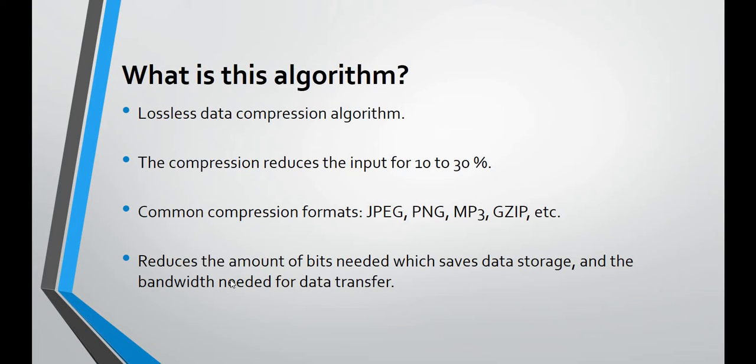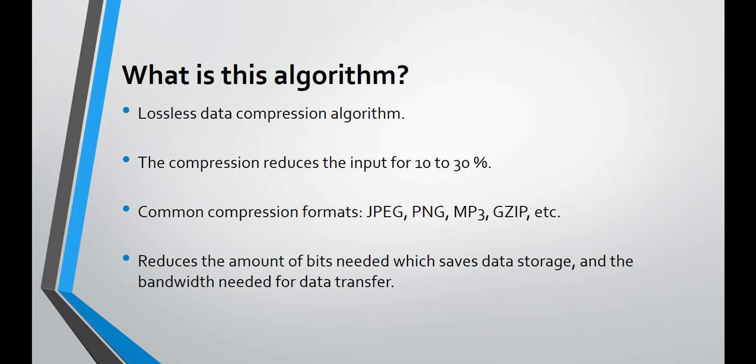What is this algorithm? It's a lossless data compression algorithm, meaning that no data or information is lost after all the data has been compressed. This compression method reduces the input to about 10 to 30% of the original size.